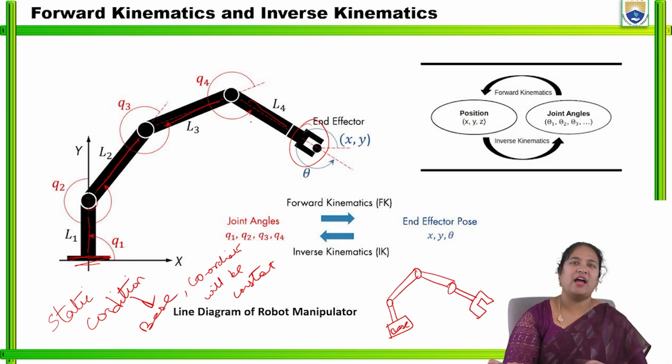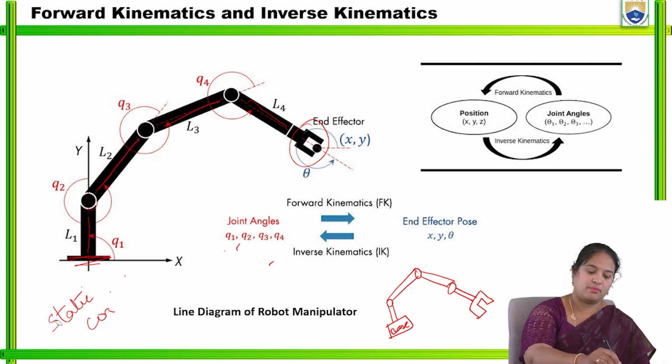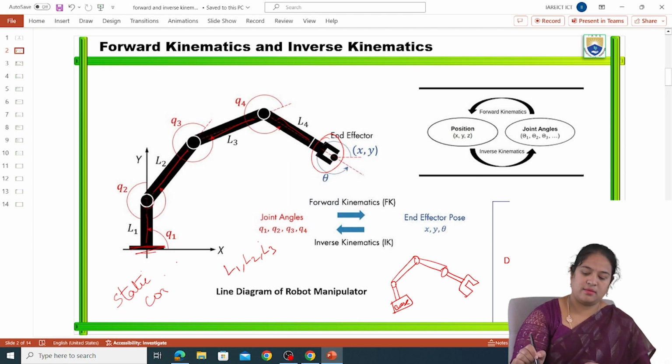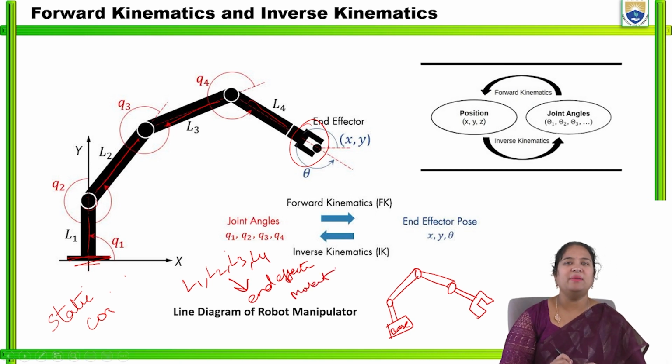That is, in the forward kinematics, if we know L1, L2, L3, L4, we can find out the end effector movement, or we can tell the position.